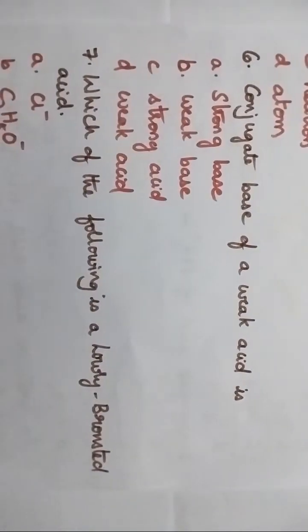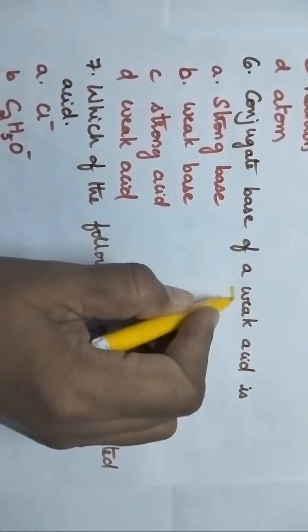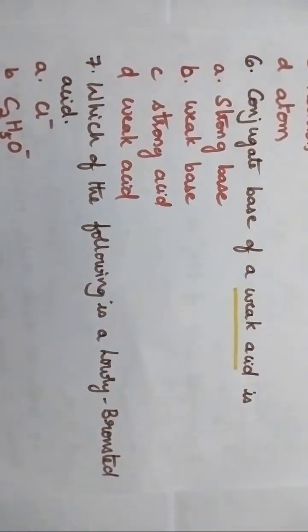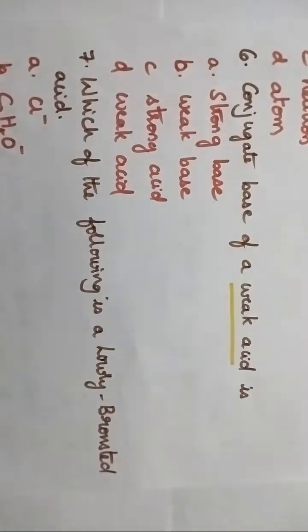Coming to the sixth question. Conjugate base of a weak acid is. So what is the conjugate base of a weak acid? Priceless brains, you think at once and then answer.